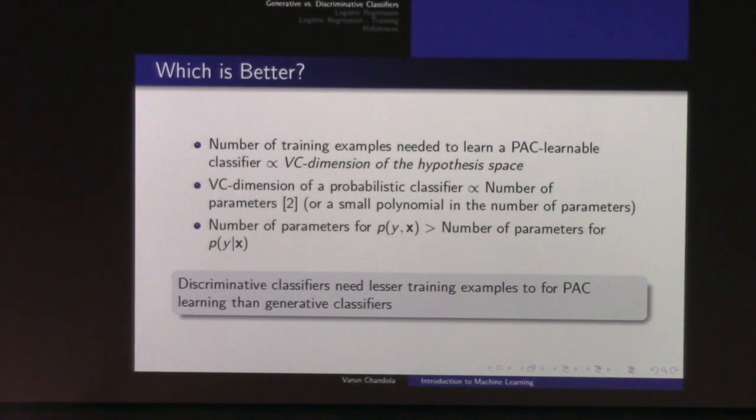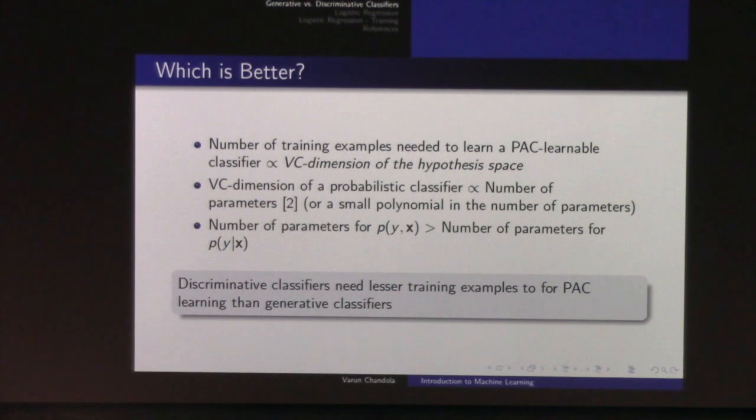In classifiers, we have this notion of complexity. There is some measure called the VC dimension, the Vapnik-Chervonenkis dimension.